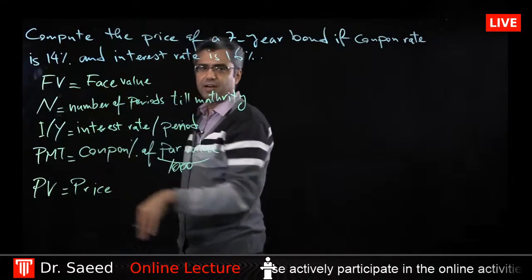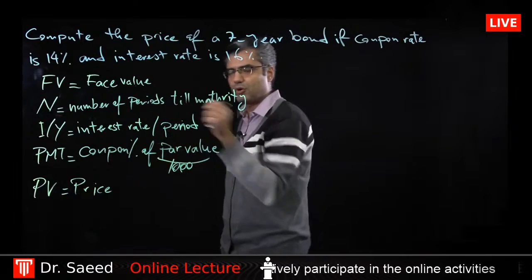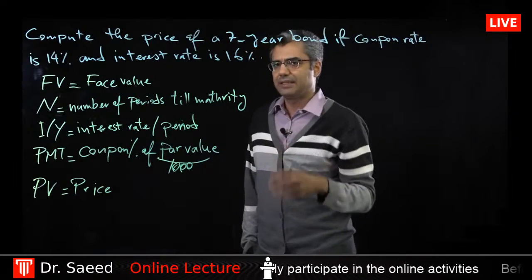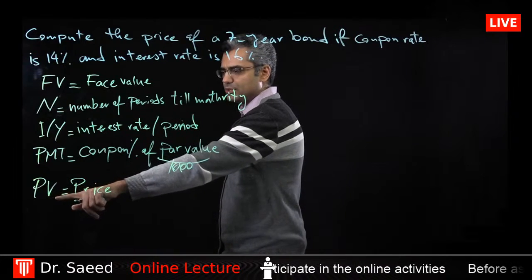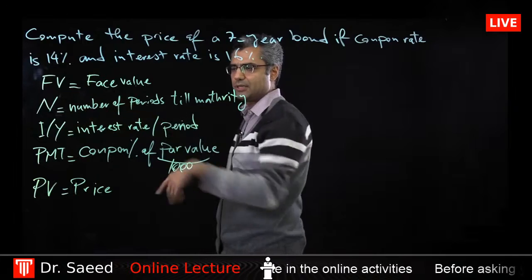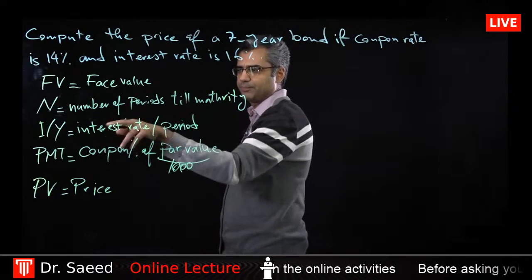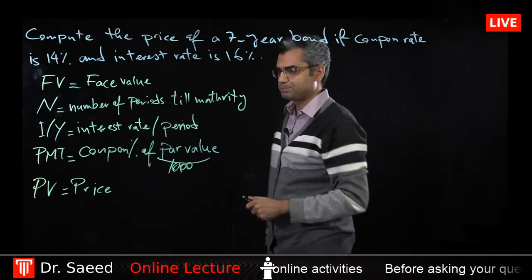So these are the 5 parameters. You need to memorize them. Always there are 5 parameters, always you have 4 of them, and then you are required to find the 5th one. Sometimes I ask you to compute the price, sometimes N, sometimes PMT, yield to maturity, or future value. Another name for interest rate is yield to maturity.